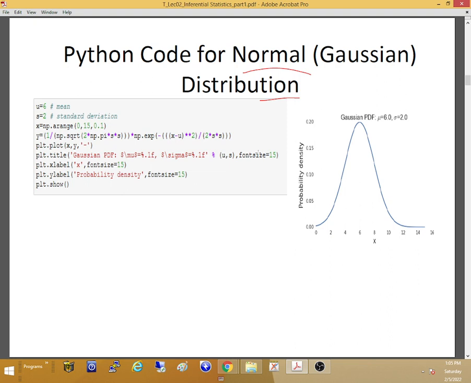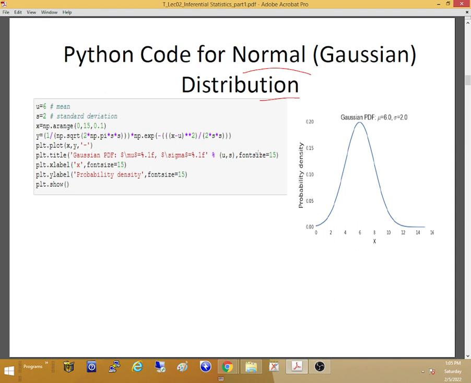In code, this is numpy square root of 2 numpy pi, times s, the standard deviation, and numpy dot exp for e. If the first value of x is 0, and mu, the mean, is 6, and divided by 2 sigma square, you will get the probability of that value.